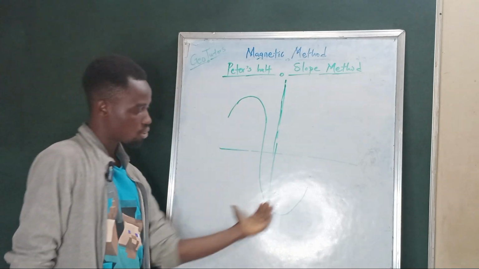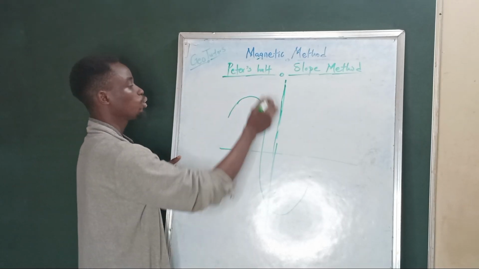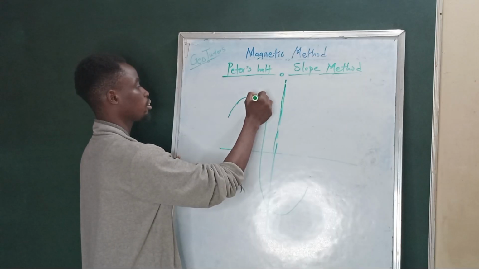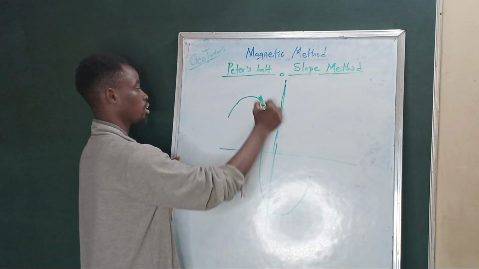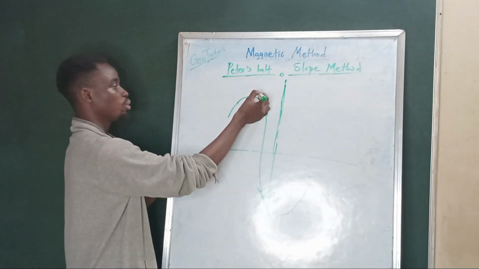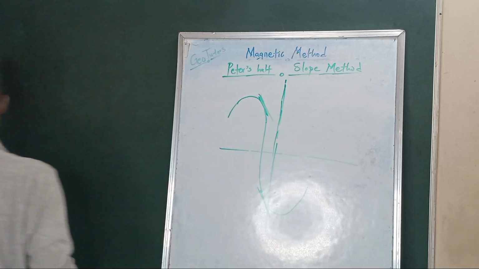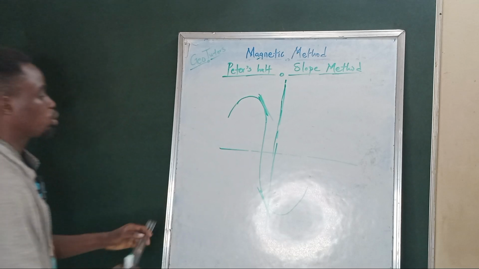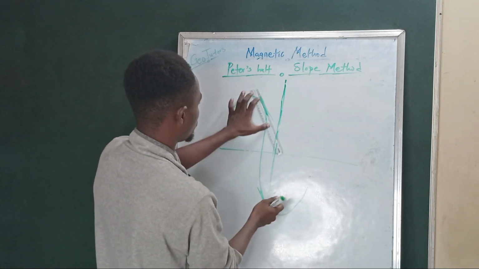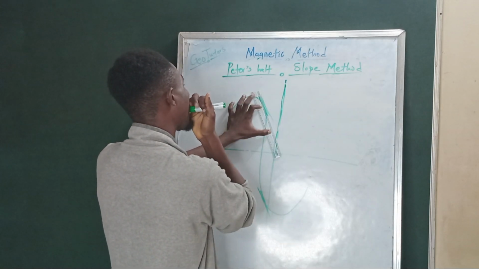It's dropping here, trying to increase, turning point. So you're going to pick those two turning points and use your ruler to draw two parallel straight lines.